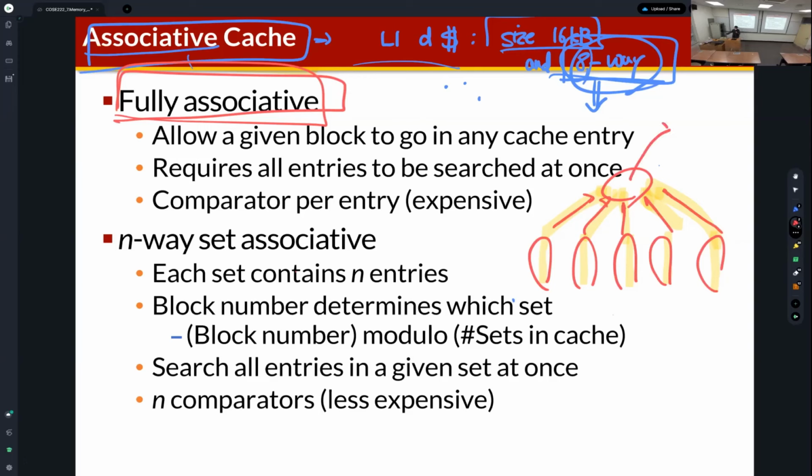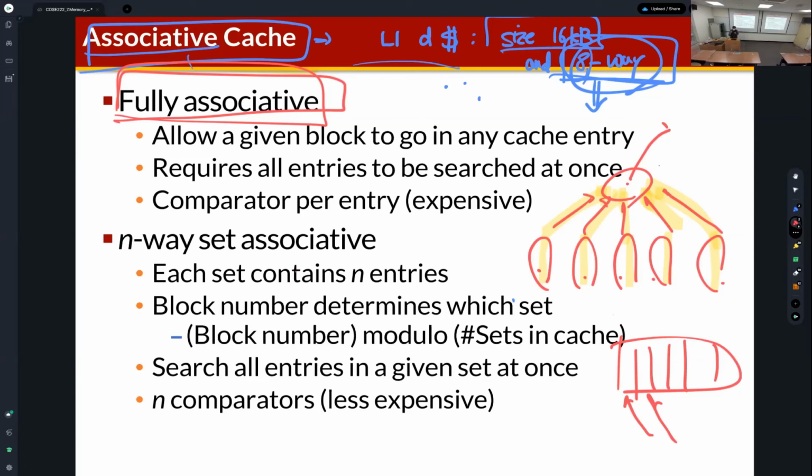So if we remove this restriction, then we can store these multiple memory blocks in any empty blocks of the cache. Understand? This restriction is the mapping policy.